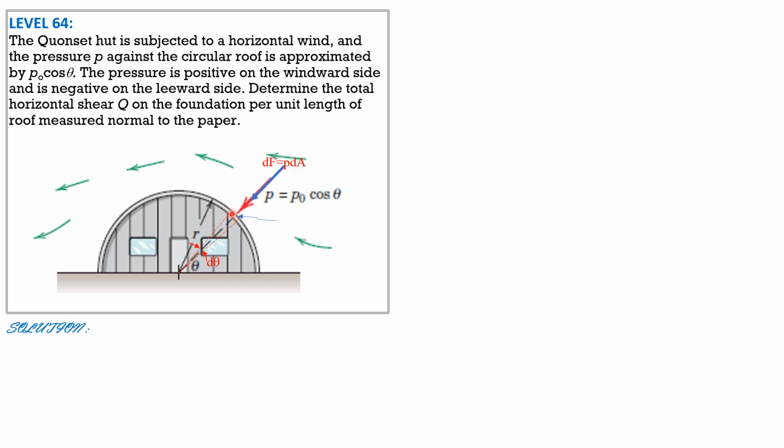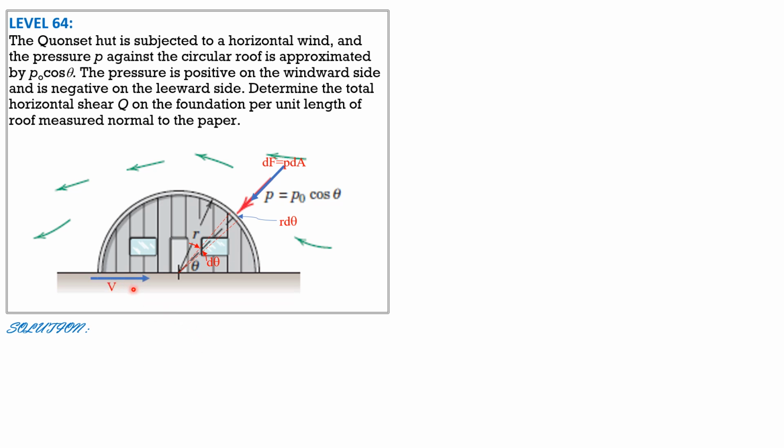So that differential arc length again is radius times d theta. Then if we multiply that by 1 unit perpendicular to the board as stated here, it becomes differential area, and the pressure is given by P sub O cosine theta, and theta varies from 0 degrees to pi radians.